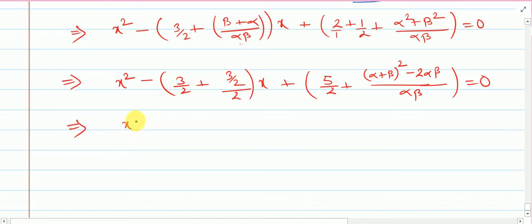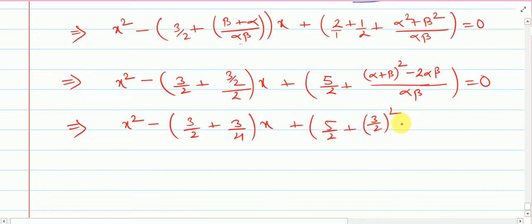Now x square minus 3 by 2, and this will become 3 by 4, and here 5 by 2 plus, for alpha plus beta whole square you will write 3 by 2 whole square, and 2 into alpha beta, that means 2 into 2, and down you are getting 2.